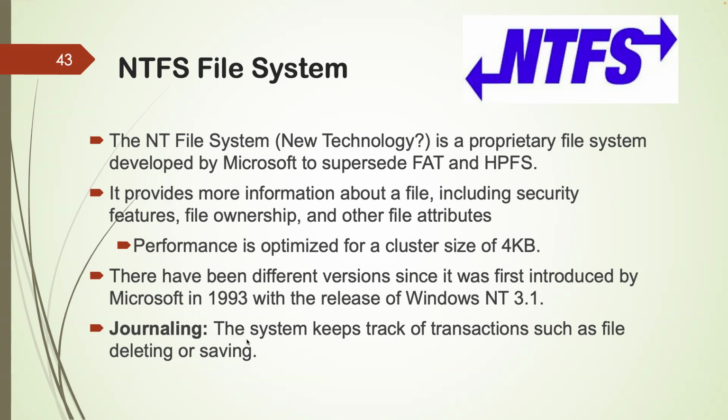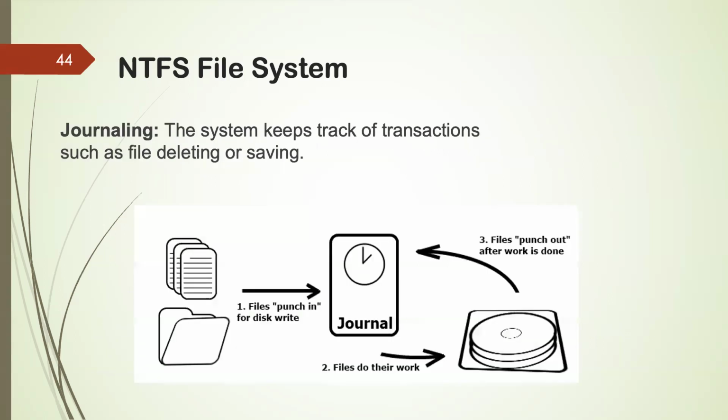It provides multiple different features, and one of the most important and most interesting features of the NTFS file system is journaling. So what is this feature? Journaling is the feature in which the system keeps track of all the transactions, such as file deletion, file copying, pasting, moving a file from one location to another, and so on. The system keeps a journal.